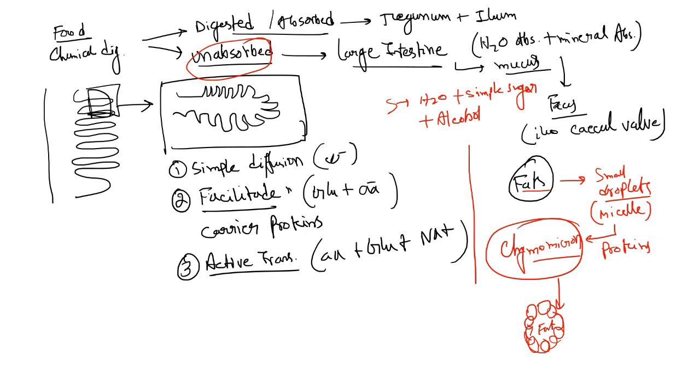Okay, so this is a simple idea about the digestive system. Now we will conclude it by discussing some of the digestive system disorders. You've heard about many of them. Jaundice.